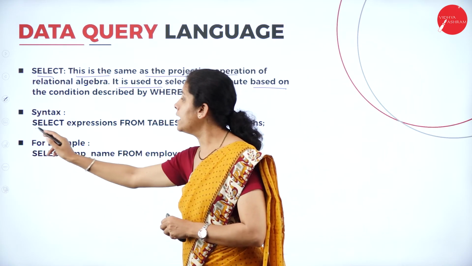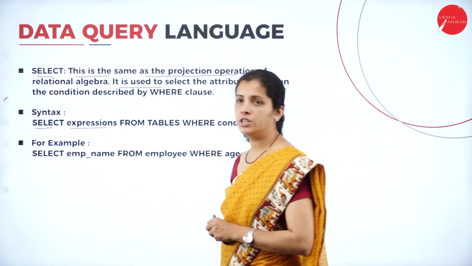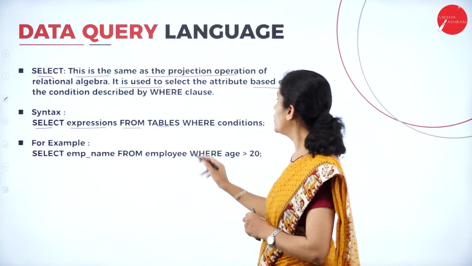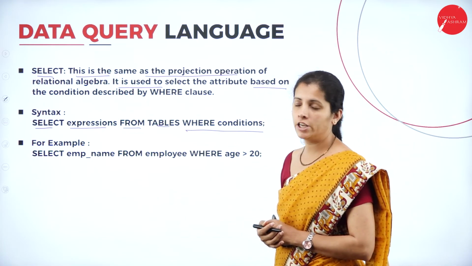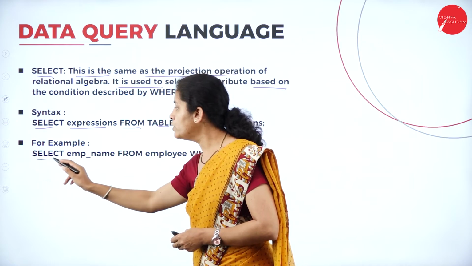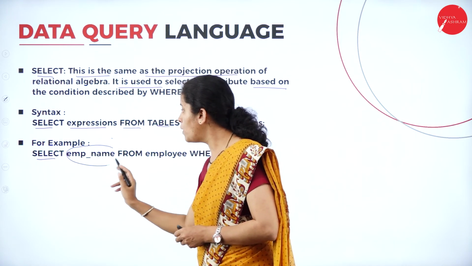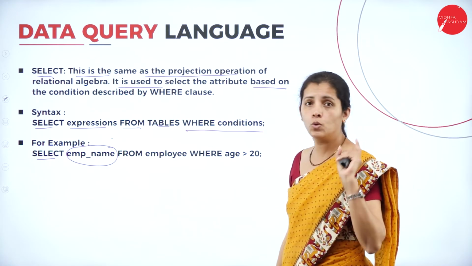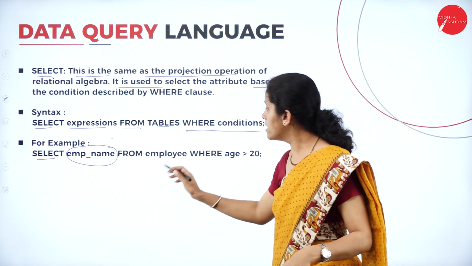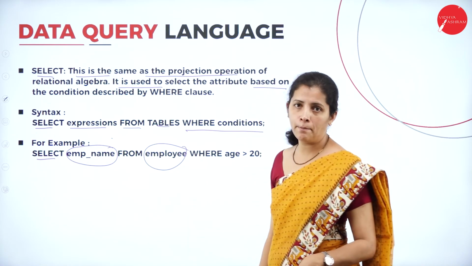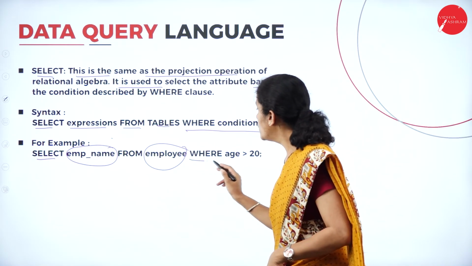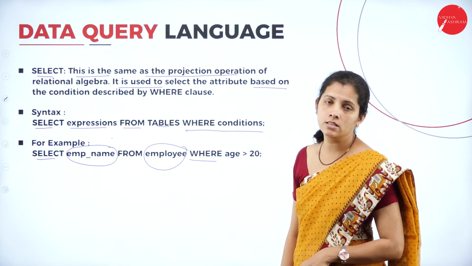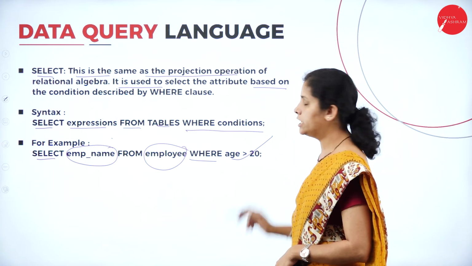Now, select, I'm going to write the expression from table. I want to specify the table name where I'm going to write the condition. Now, I'm going to select only the employee name. That means I'm going to specify the attribute. I require only the employee name, from the table called employee, whose age is greater than 20.